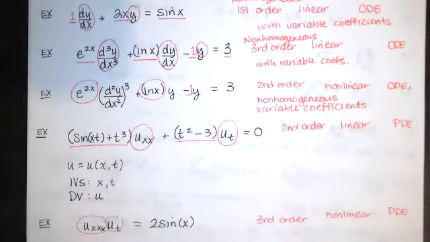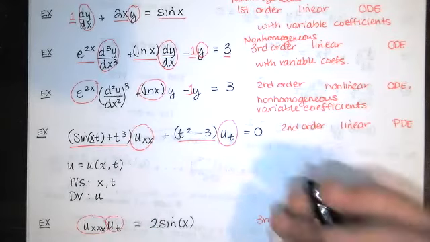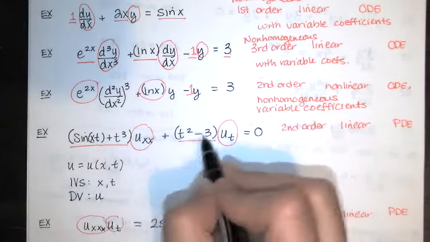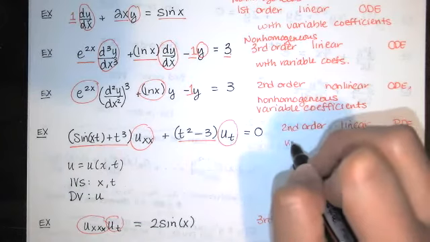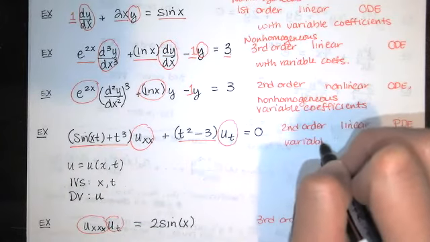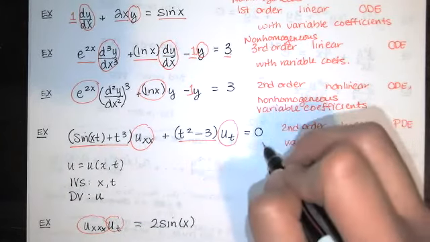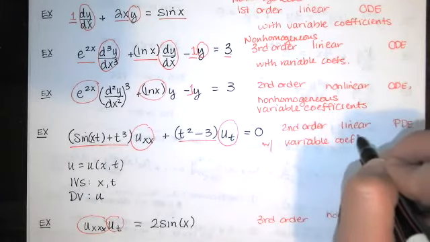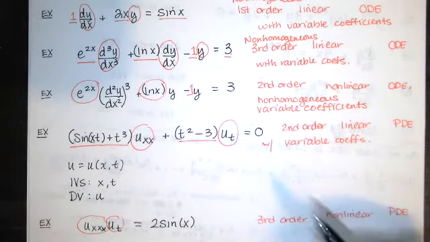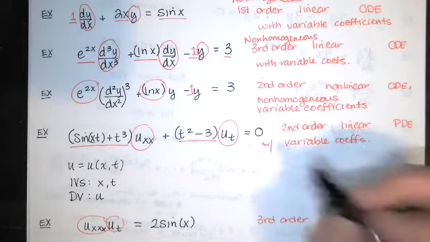Okay, got variable coefficients because that depends on x and t and that depends on x and t. So this is a second order linear PDE with variable coefficients. And it's homogeneous because the right-hand side is 0.